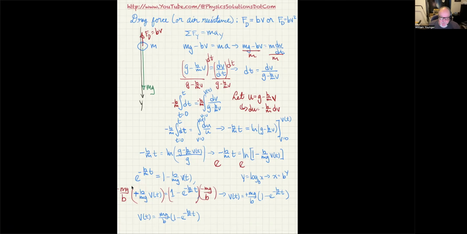Now, if you wanted to actually make a graph of this, what you would see is that this graph as a function of time, with velocity here, is asymptotically approaching a very specific velocity, specifically the velocity of mg over b, equals v.